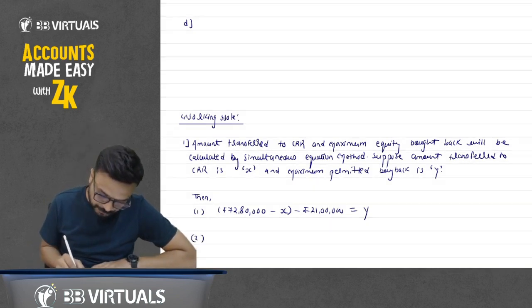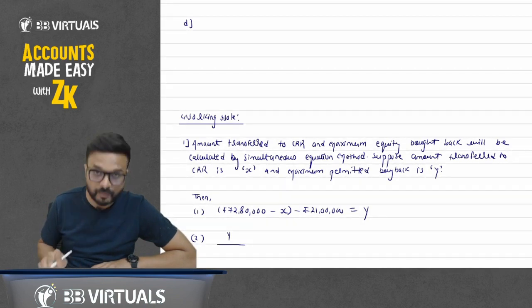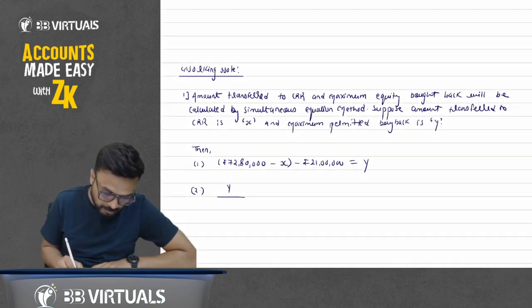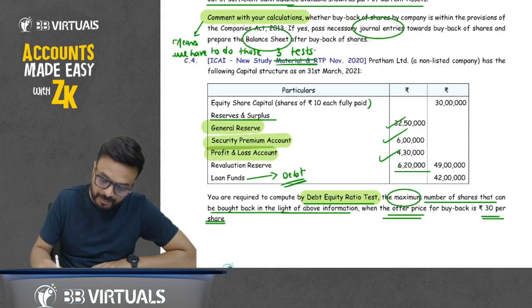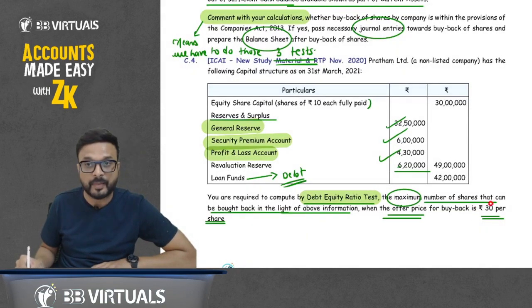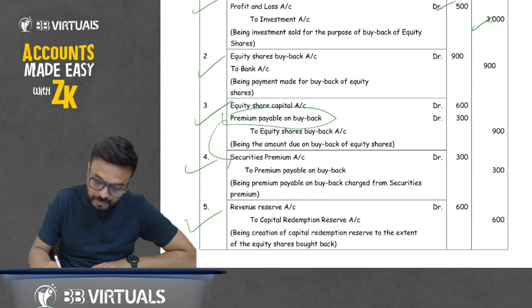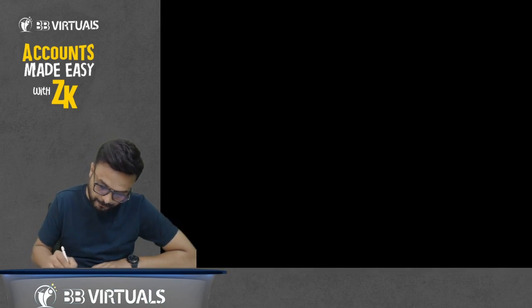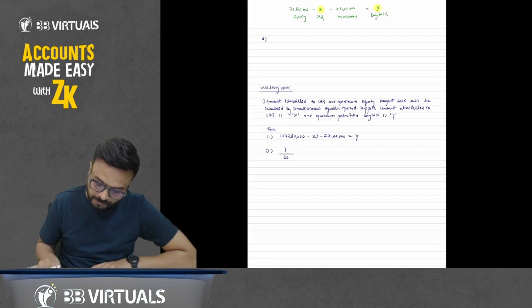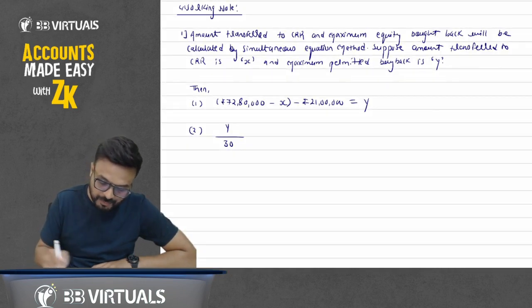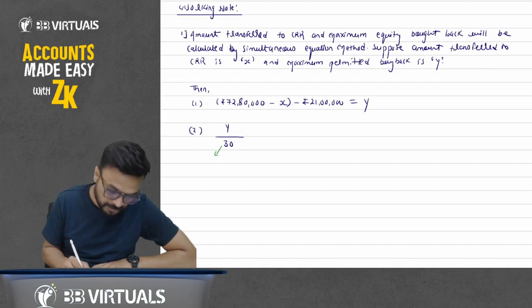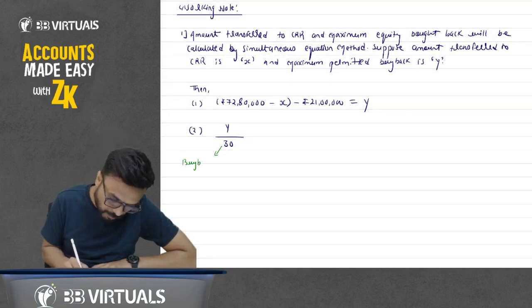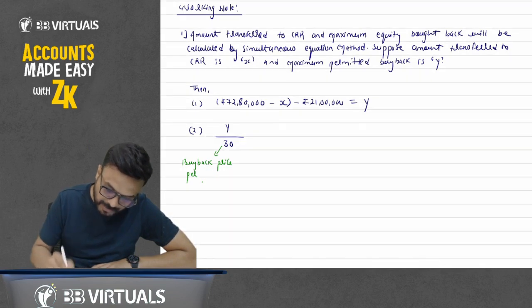So for the second, Y is the amount of buyback. Why do we divide it by 30? We are doing buyback at rupees 30 and face value is 10. For one share bought back, we are paying 30 rupees. So Y is the amount of buyback and rupees 30 is the buyback price per share.